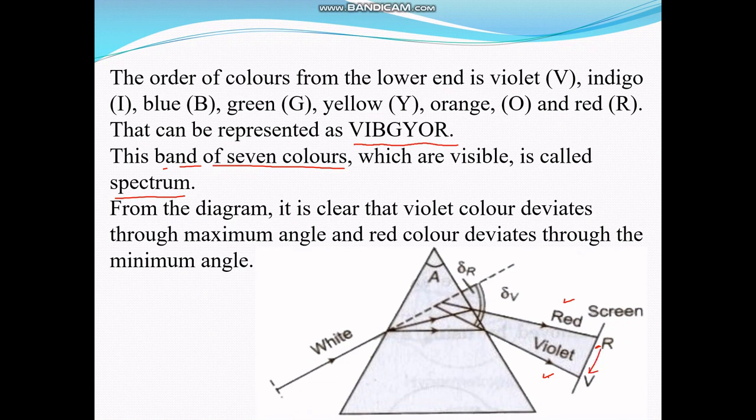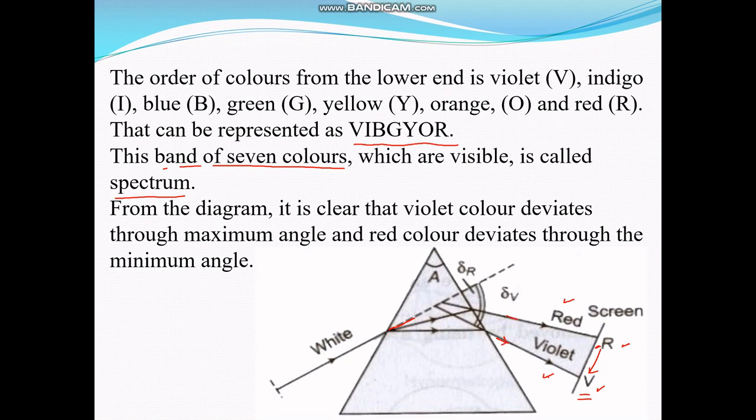So when we consider the extreme colors, that means the violet and the red, the deviation of the violet color is the most. Over here you can see that this is the incident ray, this is the path taken by the violet light, and this is the path taken by the red light.